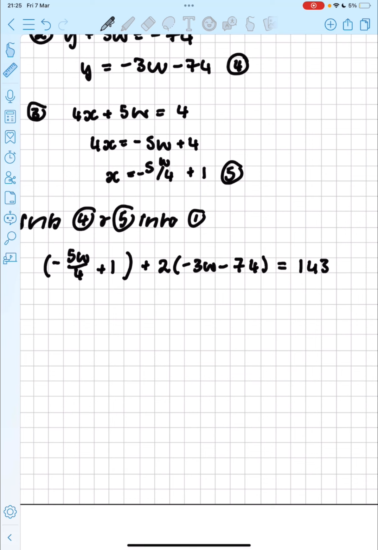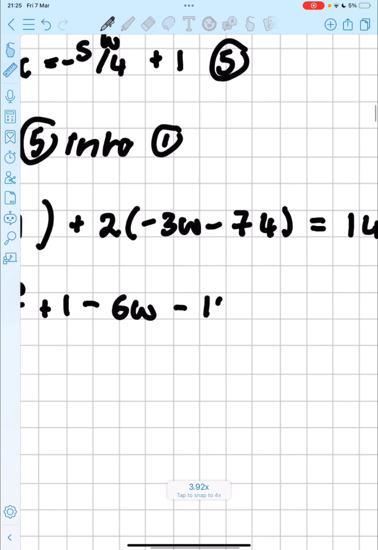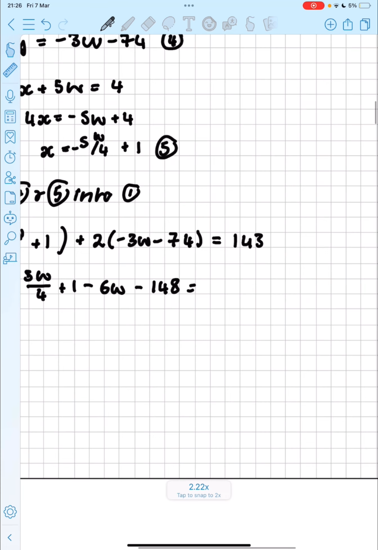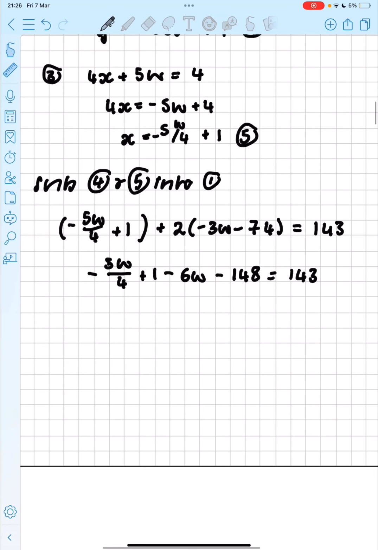So we'll do the bracket out, minus 5w over 4 plus 1 minus 6w minus 74 times 2. We have 148 equals 143. So we want to get all our numbers on one side, all our letters on the other.